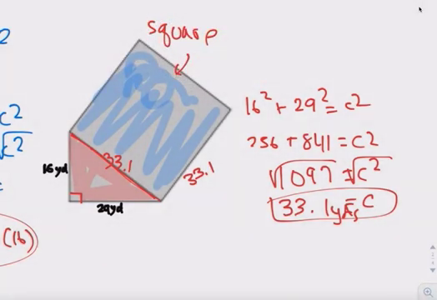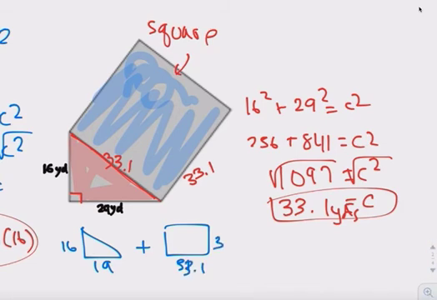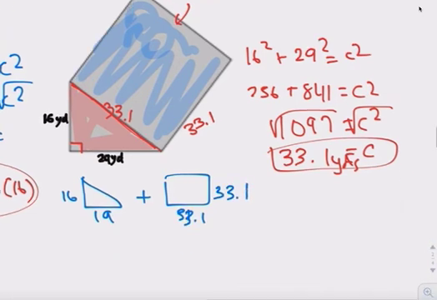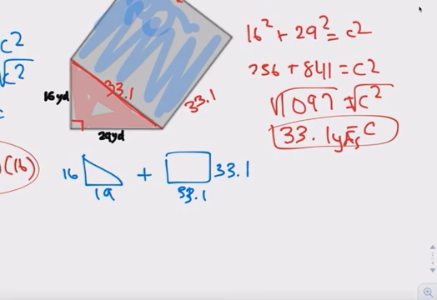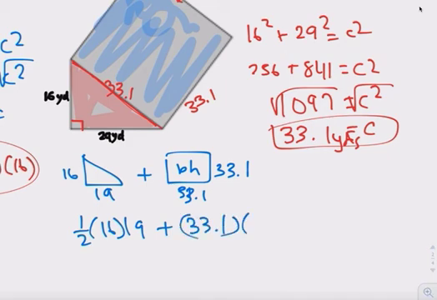Okay, so area of a triangle, 16 times 19, plus the area of the square, which is 33.1 times 33.1. Okay, so this one is a half times 16 times 19, plus base times height, which is 33.1 times 33.1.